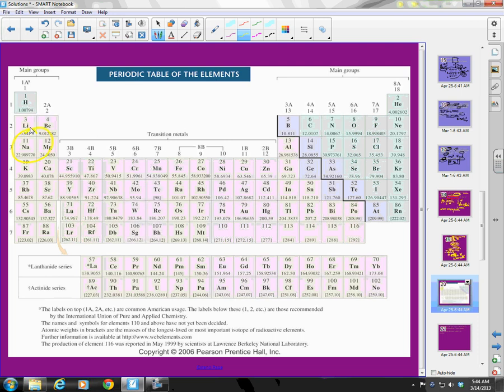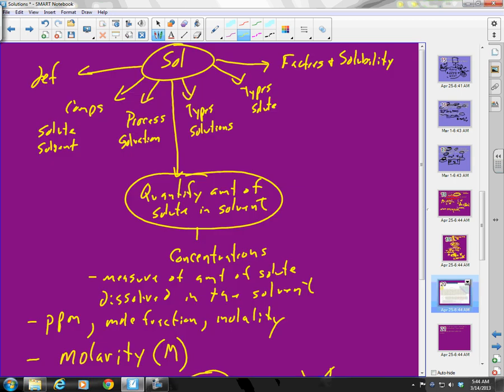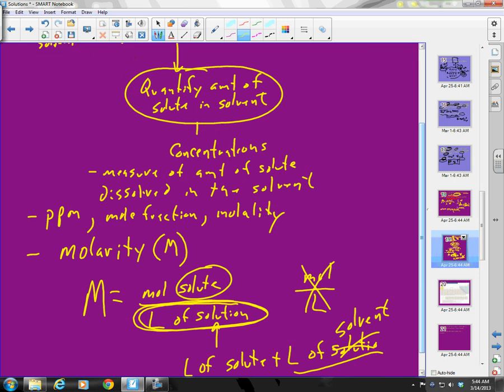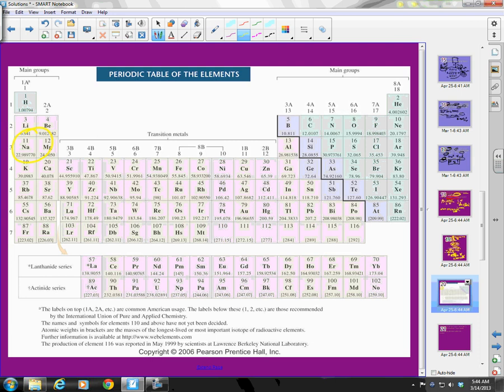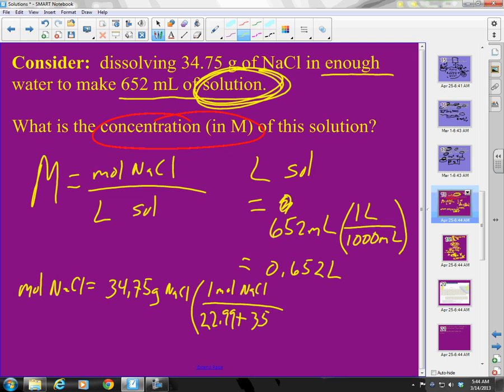Looks like 22.99, plus chlorine. Where's my chlorine? 35.45 grams. Get out my handy dandy TI-30XA. And what do I have?